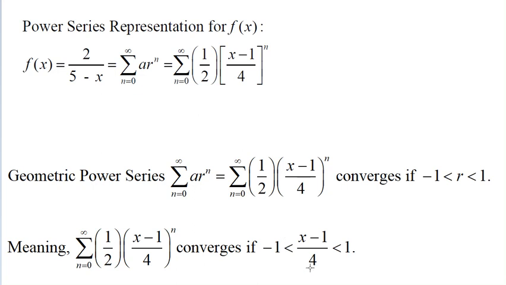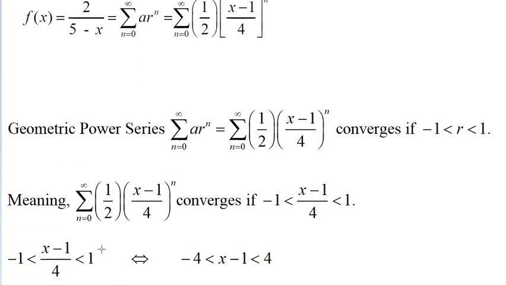And then we'll solve for x. First, multiply everything by 4. Negative 1 times 4 is negative 4. 1 times 4 is 4, and x minus 1 over 4 times 4 is x minus 1.